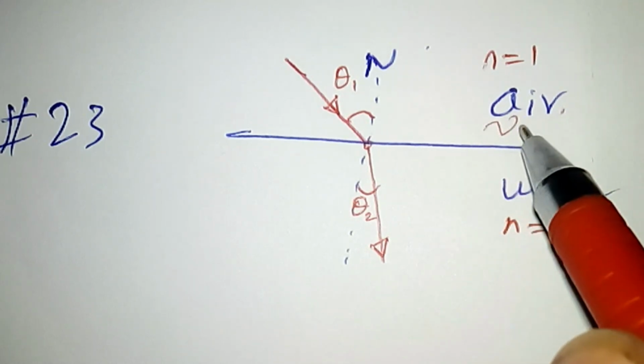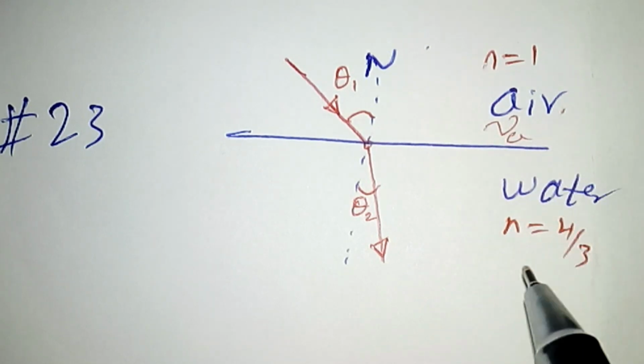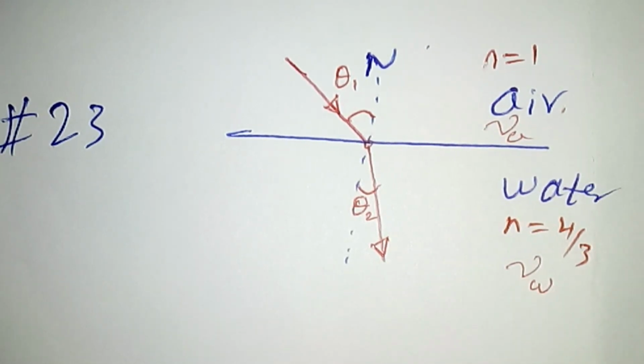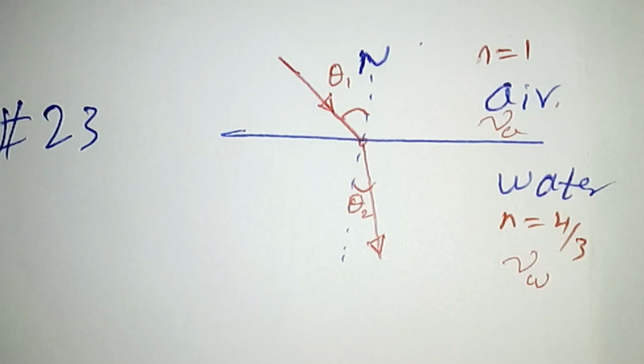Let's say the light has a speed VA in air and VW in water. We know that the speed of light will reduce in a denser medium compared to a lighter medium.